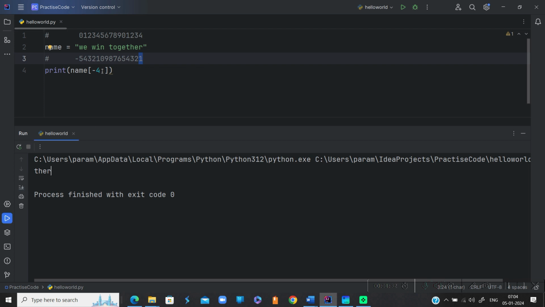Okay, if we give a combination of negative and positive, what happens? Check it out. TH is the output. T is minus 4, to 13. 13 is a positive index. It is E, and E is not included. TH is the substring.